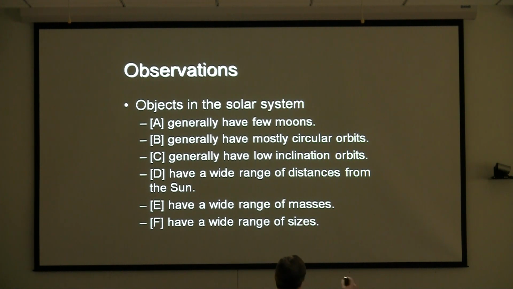Objects in the solar system generally have few moons, mostly circular orbits, low inclination orbits, a wide range of distances from the sun, a wide range of masses, and a wide range of sizes. These are conclusions you can make by simply looking at plots, and I don't think most people would get that out of just a data table. So plotting is a powerful way to try and understand things.